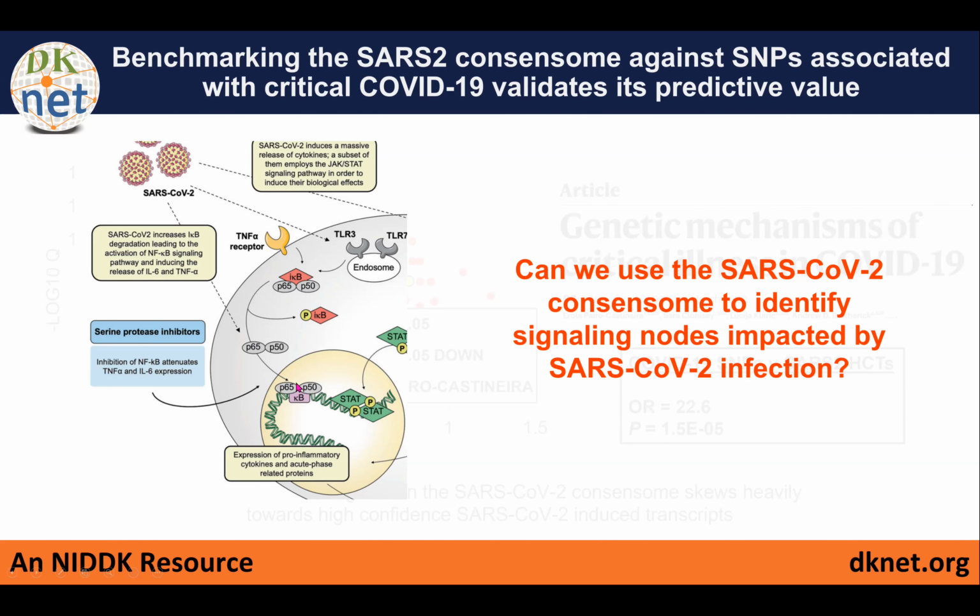We would expect to see things that have well-known roles in the innate immune system, but we want to go one step further and use our unbiased approach to implicate other nodes.